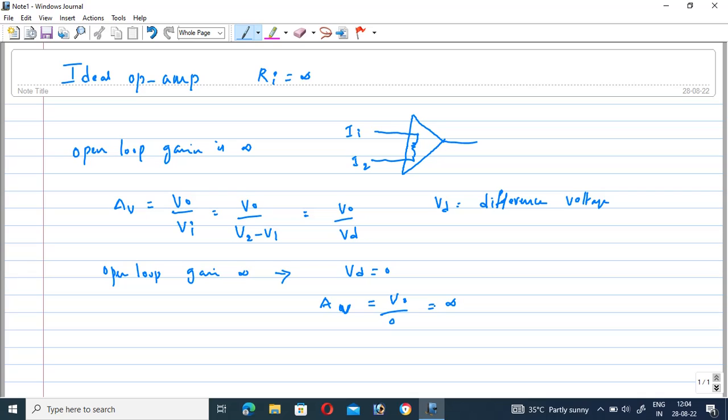So compulsorily the VD value is equal to 0. VD equal to 0 means V2 minus V1 is equal to 0. Therefore it implies that V1 is equal to V2. That means both terminals are at equal potential. Because of the infinite voltage gain, this is called a virtual short. This concept is called the virtual short concept.